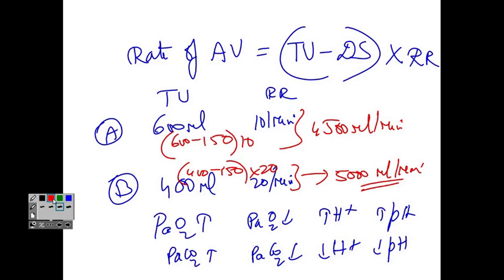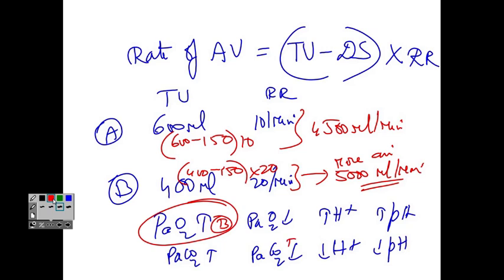But when the rate has to be accounted for, you can't really assume. 600 looks better, right? So you can't blindly tell. You have to calculate, because the second one, the 400 value, was more, since it has to be accounted with the rate. So the best way is to calculate. When you calculate, which one had more air? Person B had more air, therefore B will have more oxygen.